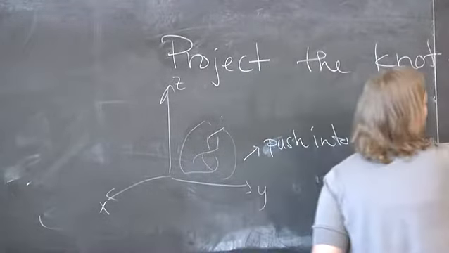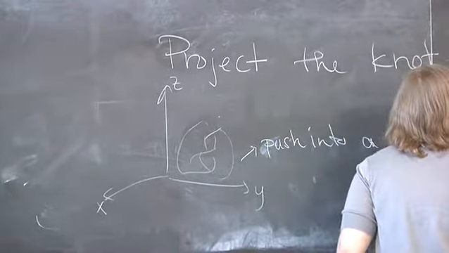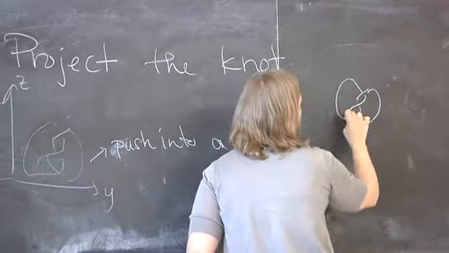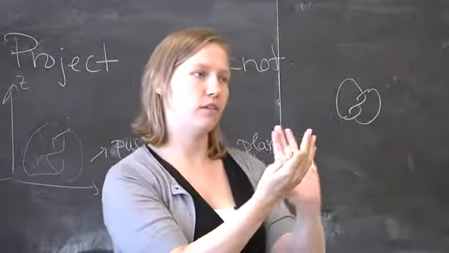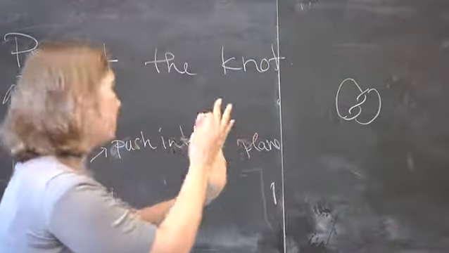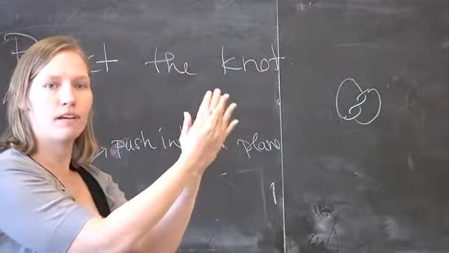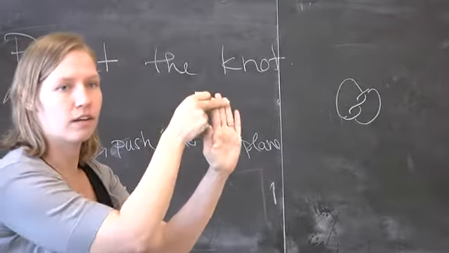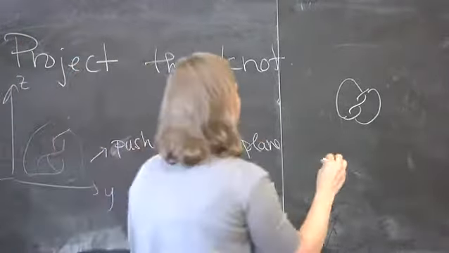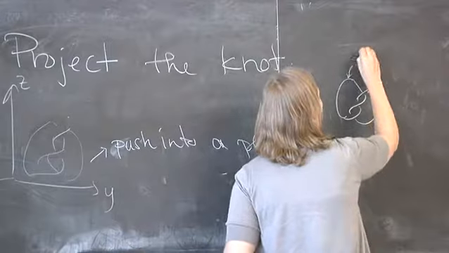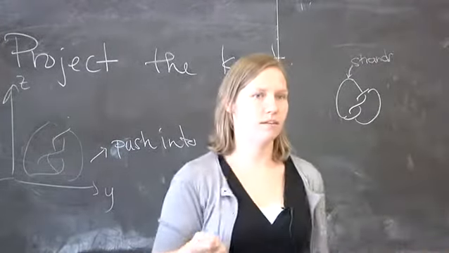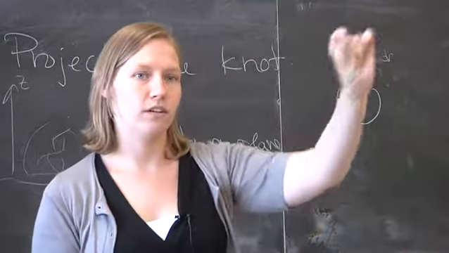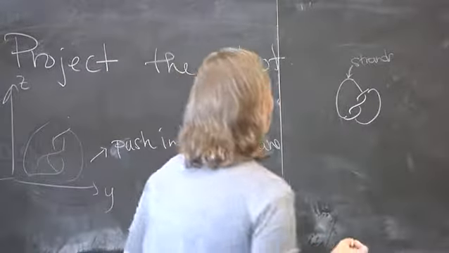And then what you get is something that looks like this. So you have these things called crossings where, because it was in 3 dimensions, you couldn't push it all the way into the plane, and you have to jump over another strand that you did push into the plane. So these things are called strands. I think the definition is kind of just from one undercrossing to another is a strand.